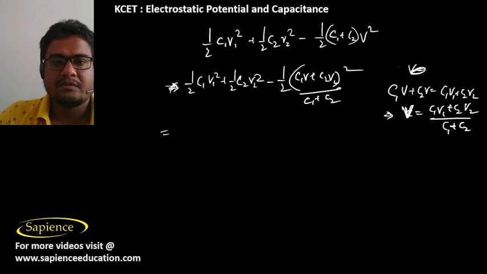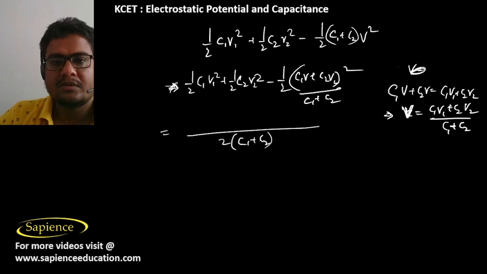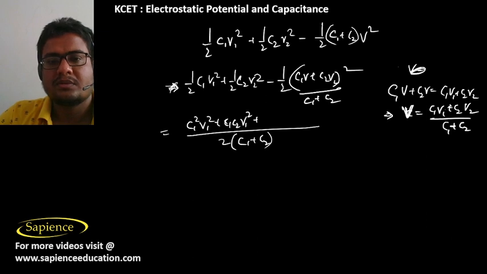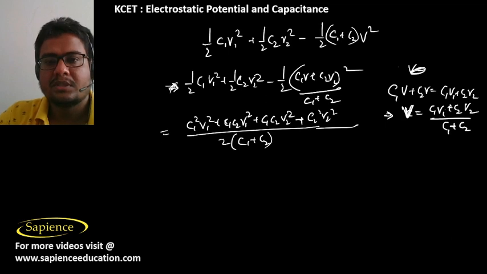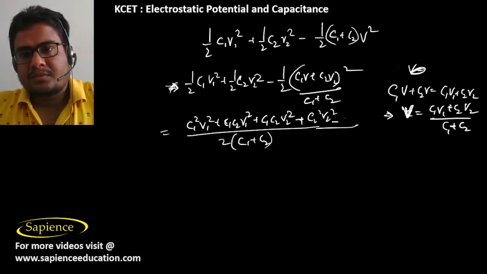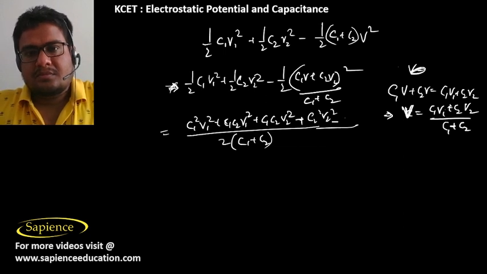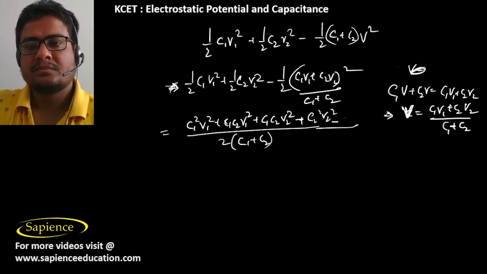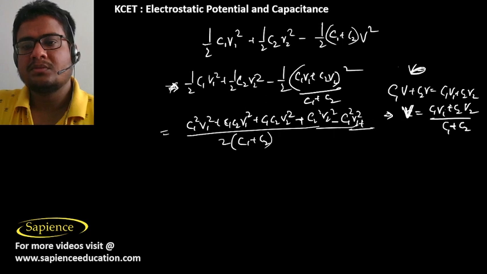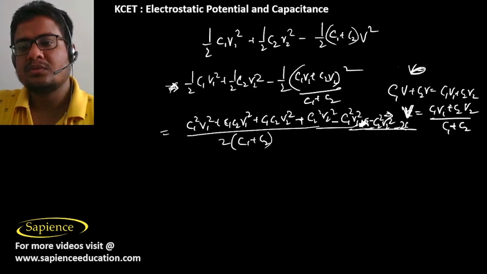Now if we simplify it, we will have C1 square V1 square plus C1 C2 V1 square plus C1 C2 V2 square plus C2 square V2 square minus C1 square V1 square minus C2 square V2 square minus 2 C1 V1 C2 V2.